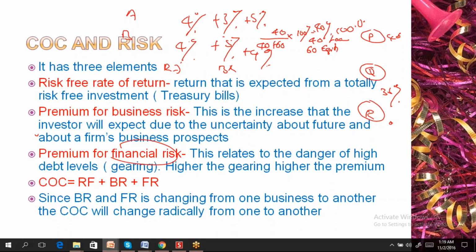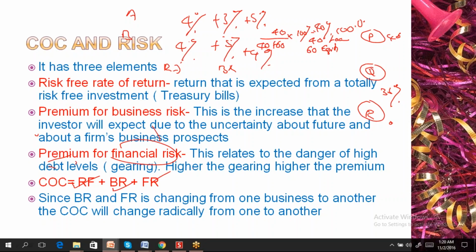So you can see your cost of capital as an investor, when you make an investment decision, you will look at the risk-free rate, you will look at the business risk, you will look at the financial risk, and those three elements together are the total cost of capital you will expect from the company, or the company has to pay.